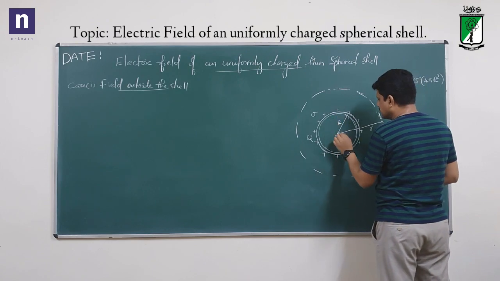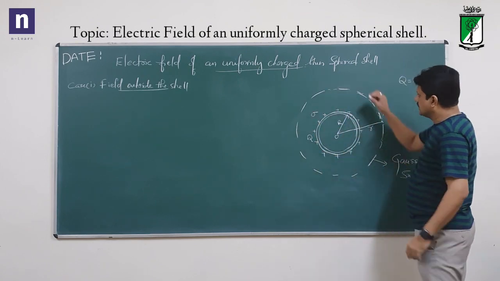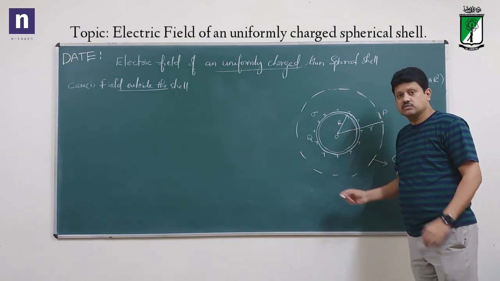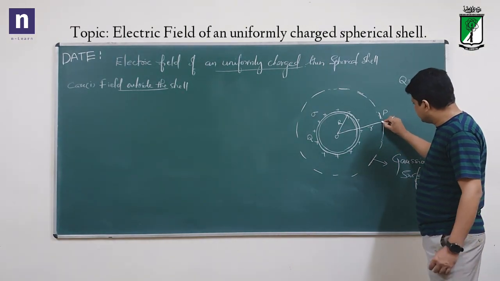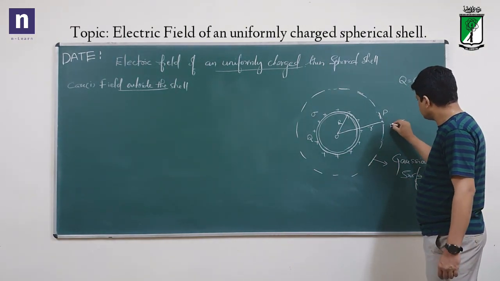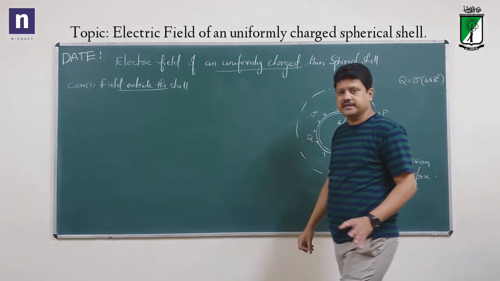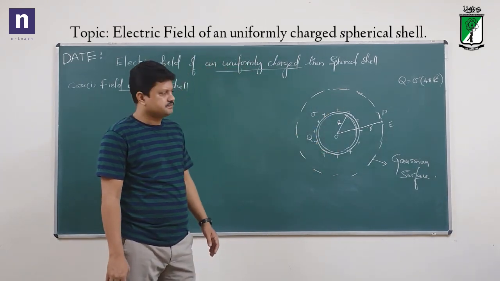So you can look at the distances from the center of the shell, and they are all the same. So at every point on the surface, this shell of charges will have the same effect. Thereby I can say, if the electric field here is E, then at any point on this surface, the electric field strength will be E only, due to the shell of charges here.